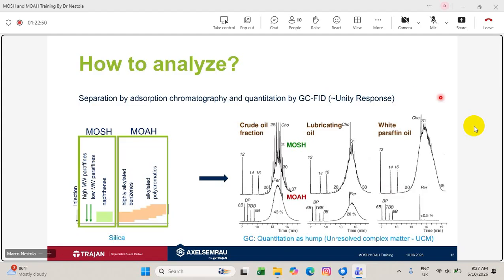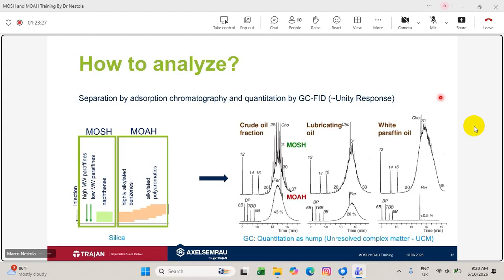As you can see, the humps in these examples for MOSH and MOAH have exactly the same shape, which is not 100% always the case, but at least what's always the case is that their maximum is at the same retention time, because since it's the same contamination in the beginning, coming from the same distillation process, they are separated on silica in two classes, and each of these classes is injected separately into a GC-FID.